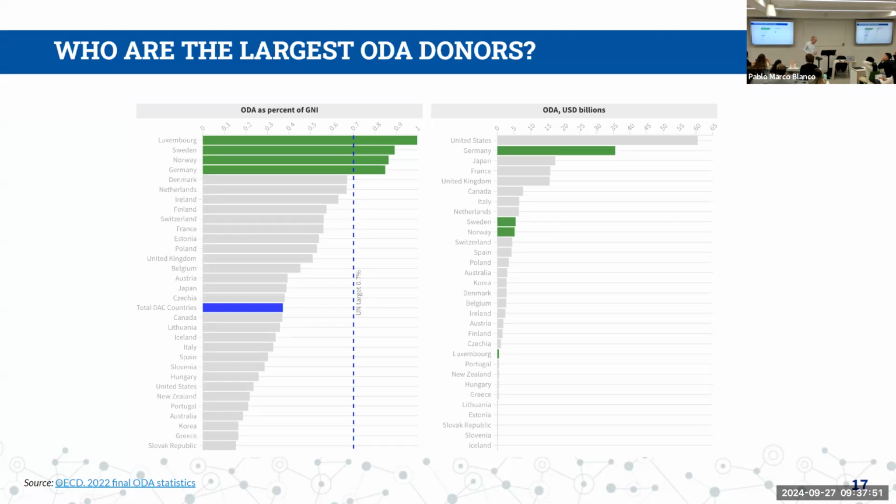Who is missing here? China. Why is China not here? It's not ODA. Exactly. We will see now that not only China, but several countries from the global south are now challenging the concept of ODA, saying that this is not the right way to measure the impact we are having in international development.